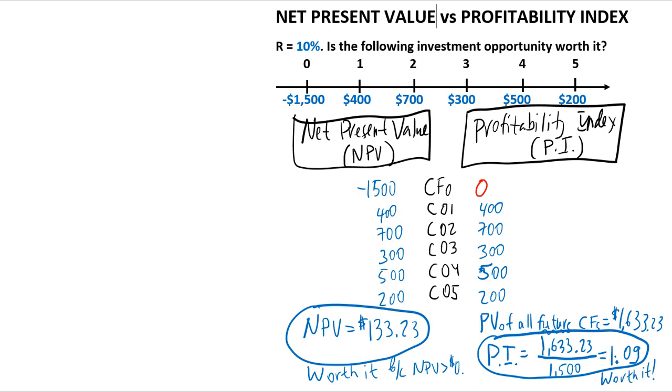So it's worth it because the profitability index is greater than 1. So let me put that in parentheses, greater than 1. And typically the NPV and the profitability index will tell you exactly the same thing. And that's why I wanted to show how the calculations would be similar but a little bit different at the same time.